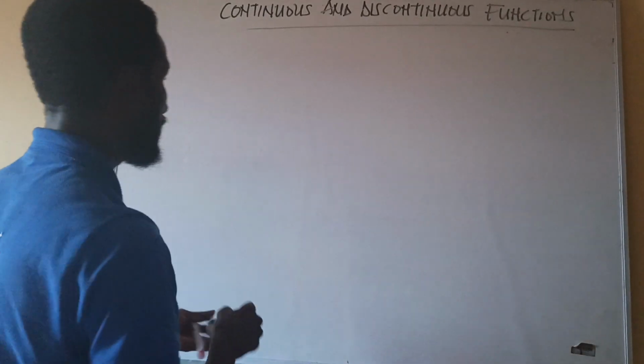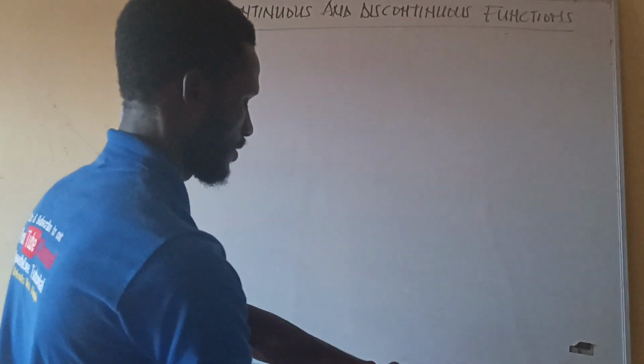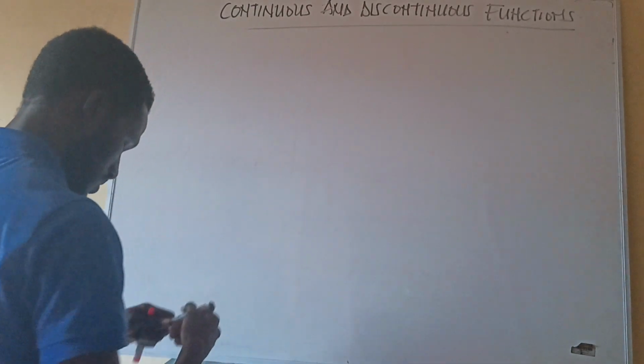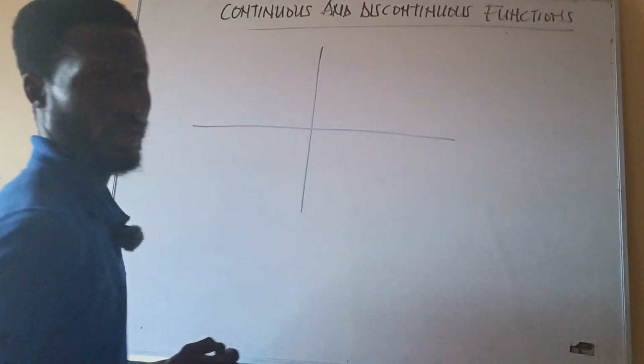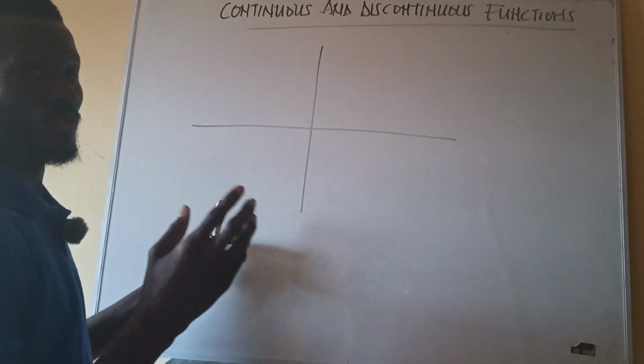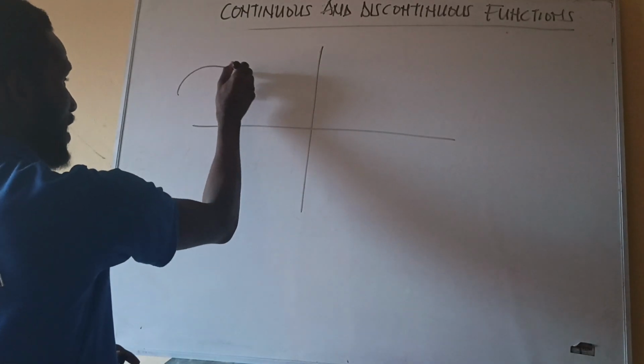Now, let's consider a Cartesian plane like this, where we have a curve, a function in the form of a curve. So let's say we have a curve like this.